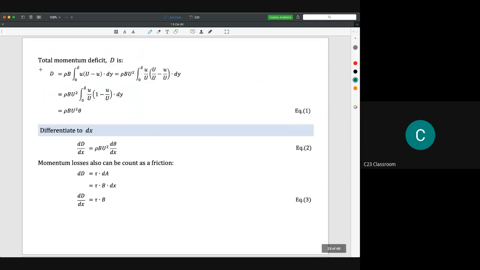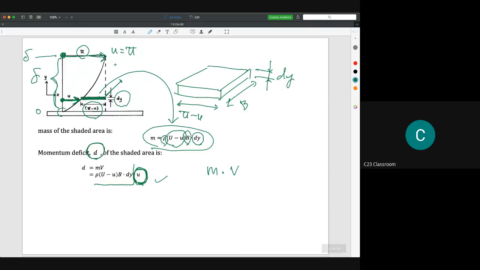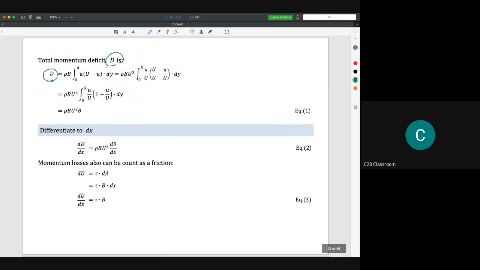So I think you have the idea here: to get the total momentum, we need to integrate the deficit momentum for the small area. So we integrate the small d here. This is just my writing style. I just assume that the momentum deficit for a small area is small d, and when we integrate the small d, it becomes the capital D. So that's the way I show the small area and the total area.